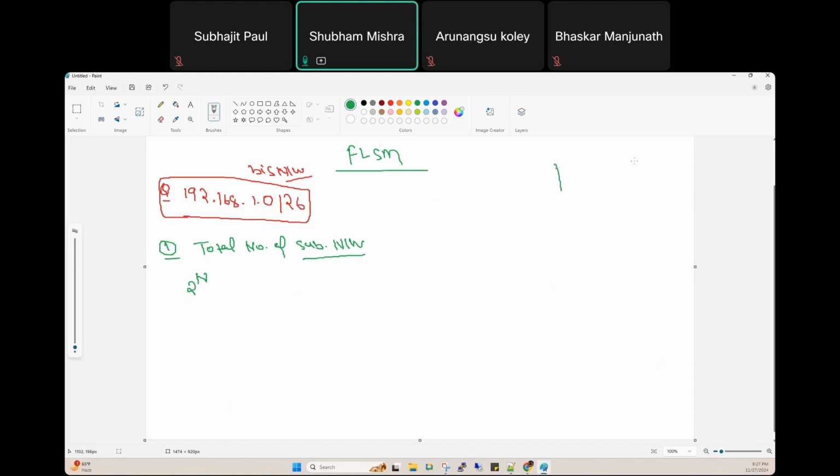For example, if this is the big network, how many small networks can you calculate from it? By the help of the formula 2 to the power n.